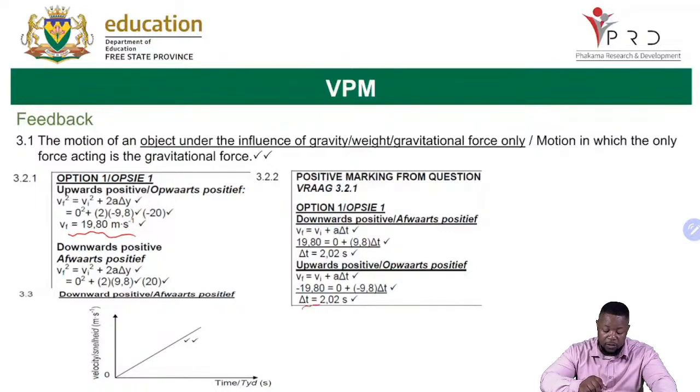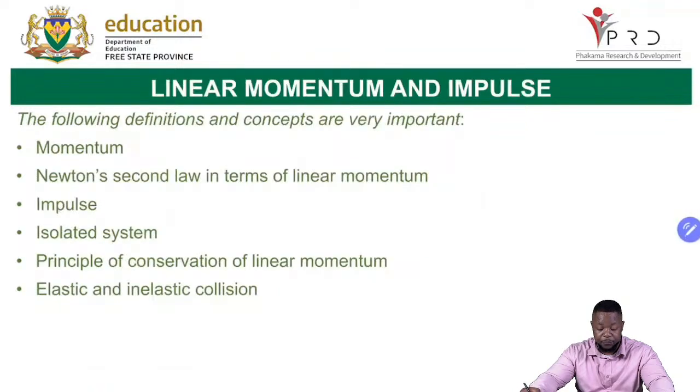We have also seen that the time is 2.02, and then the graph as well. This graph is supposed to start from 0. The labeling of the axes of the graph is also very important. So our free fall was defined as the motion of an object under the influence of gravitational force only.